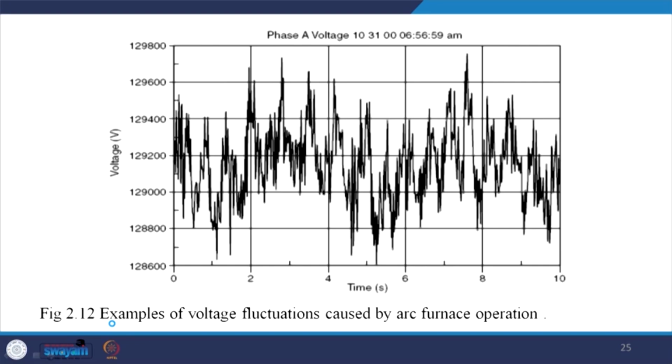We have taken this waveform for voltage fluctuation caused by arc furnace operation. You can see that the voltage fluctuates, and this fluctuation is within the 0.9 to 1.1 range. This is the arc furnace operation.